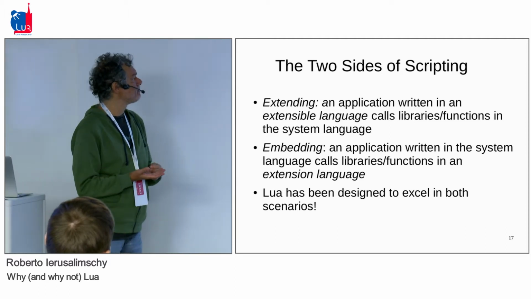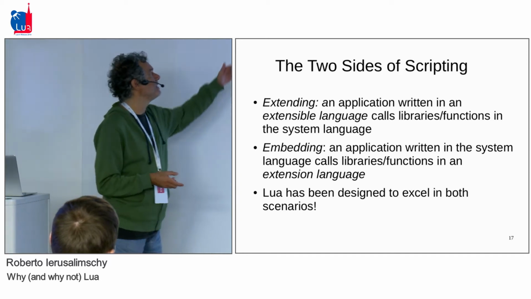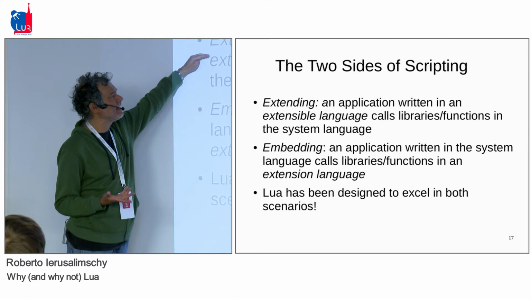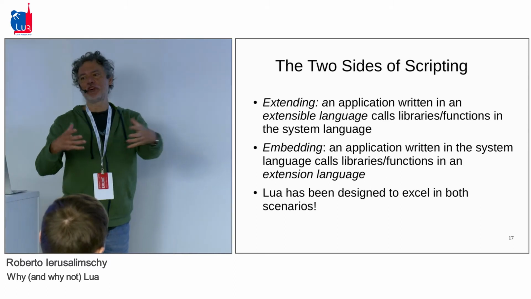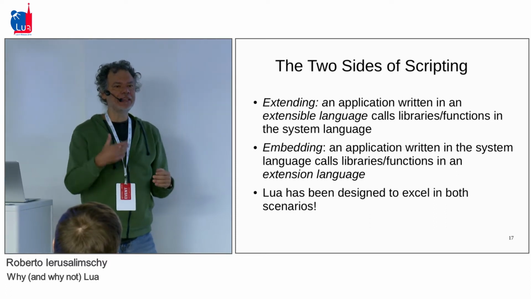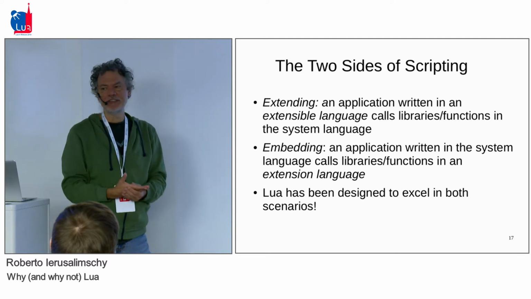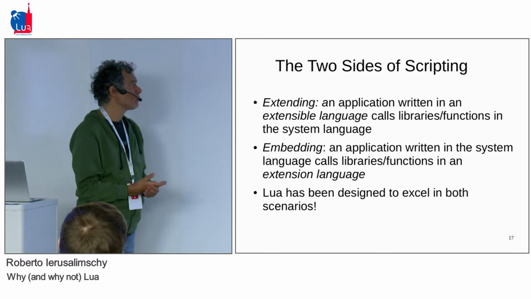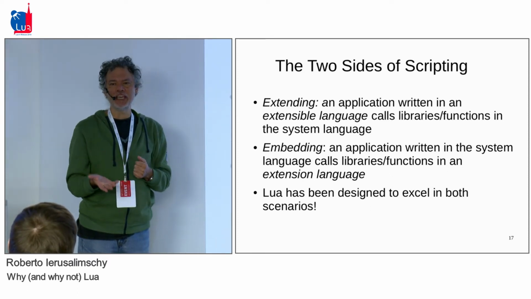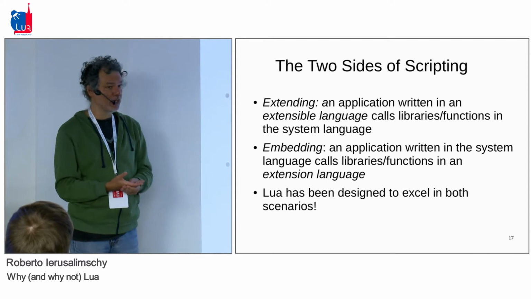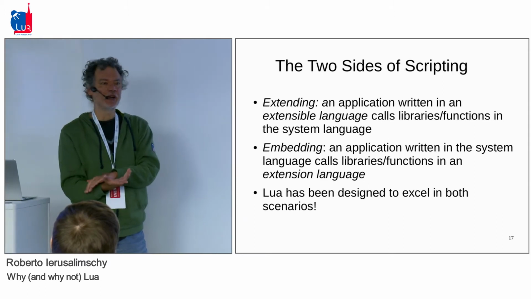There is a more traditional script, the original scripting idea, that is now called extending the language. The idea is that the scripting language is your main language, and the system language is used to write libraries for this scripting language. So you use the system language to extend your application written in a scripting language. But many applications actually are the other way around.